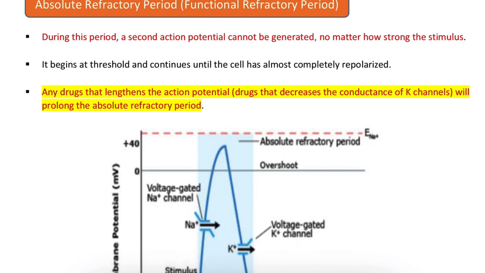Why can no action potential occur? The sodium channels are either already open or inactivated, so new depolarization is impossible. We have a mnemonic for ARP, the absolute refractory period: absolute means absolutely no chance of a second action potential. You can see this image here.